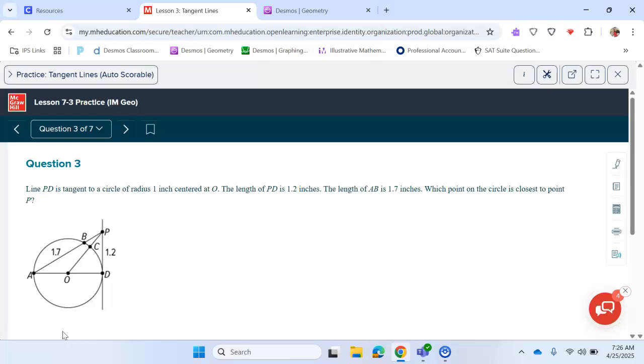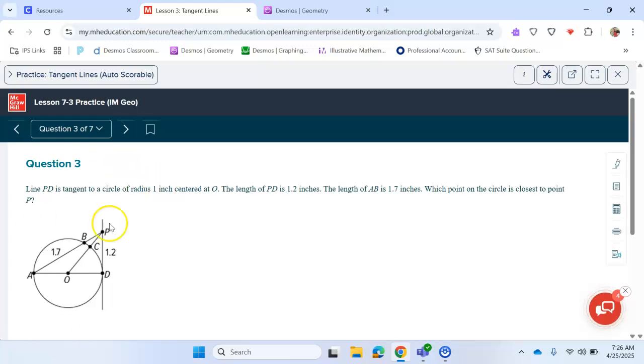Question 3. Line PD is tangent to a circle of radius 1 inch centered at O. The length of PD is 1.2 inches. The length of AB is 1.7 inches. Which point on the circle is closest to point P?